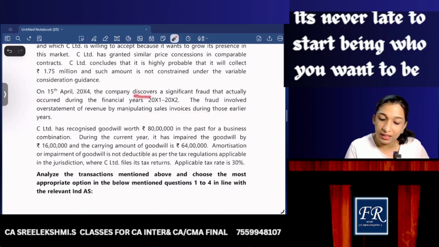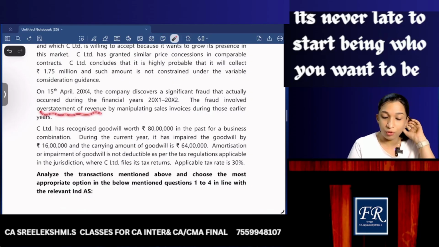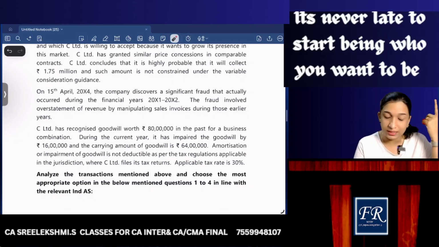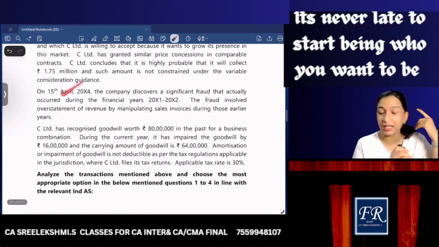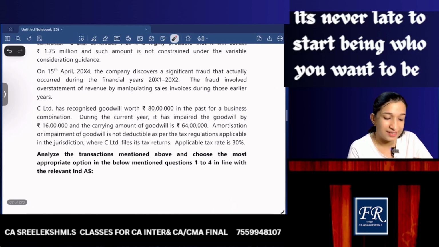So we discovered a fraud now that was committed in earlier years. That mistake was committed in those years, but we discovered it only now. So what is the treatment? Let's find out what the question is.